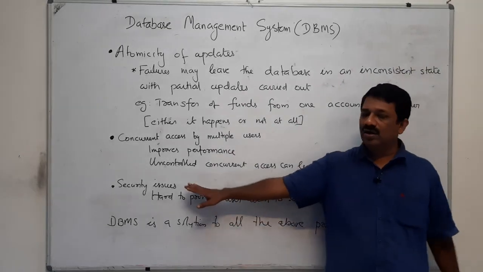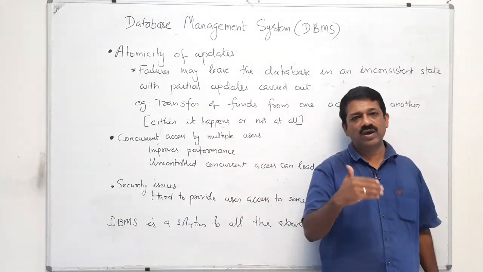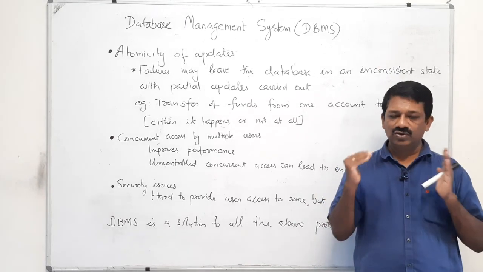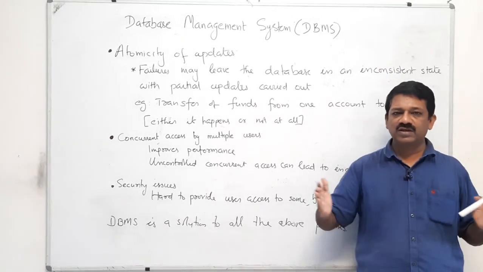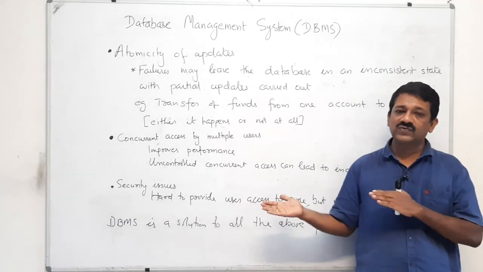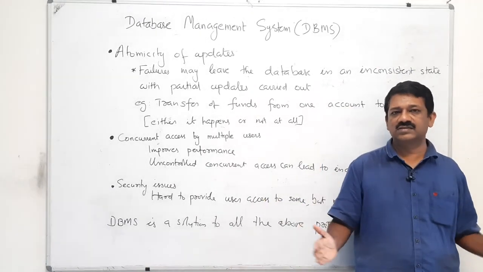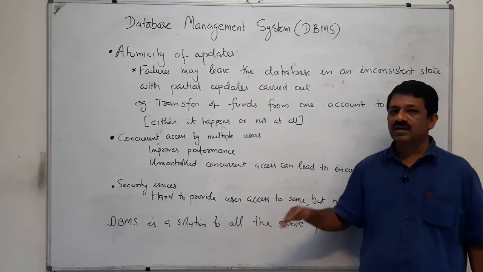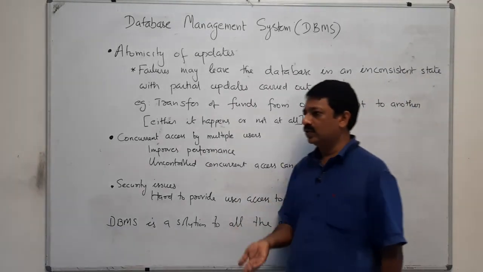That means not every person is allowed to access every data, so there should be restrictions for security reasons. If you are using a file system, it is very difficult to provide these things, but in a DBMS it is very easy.